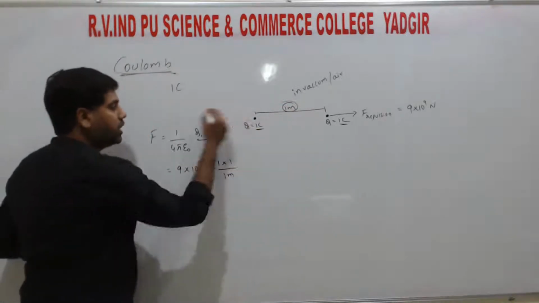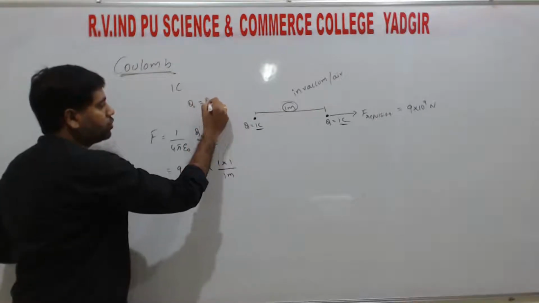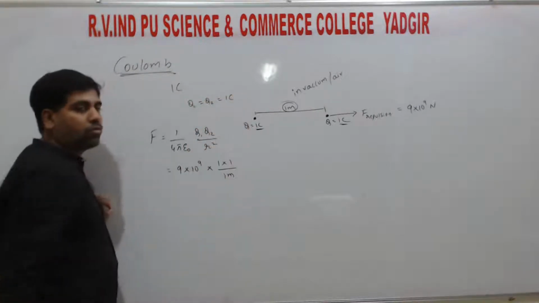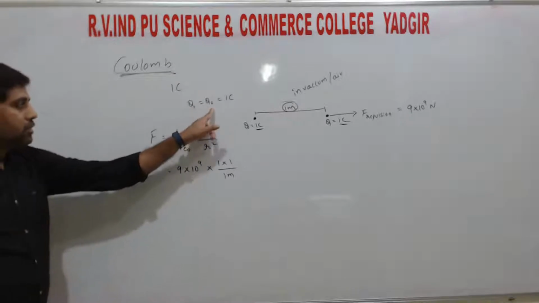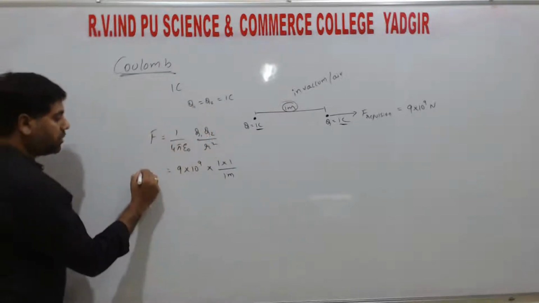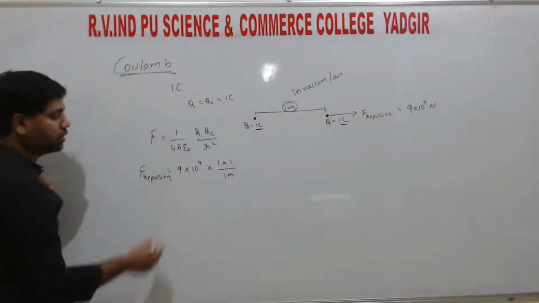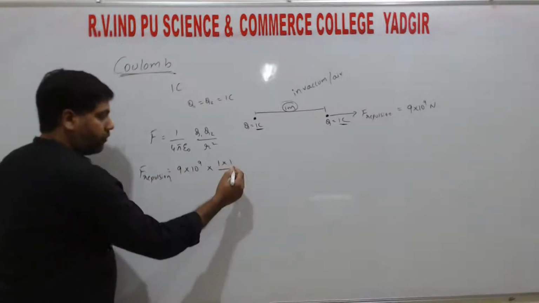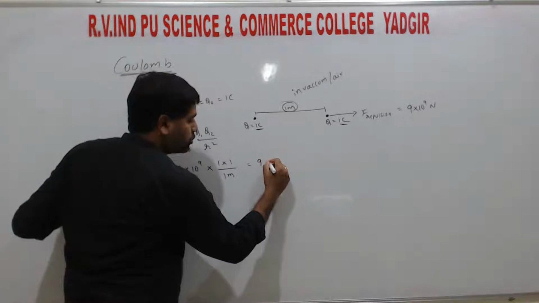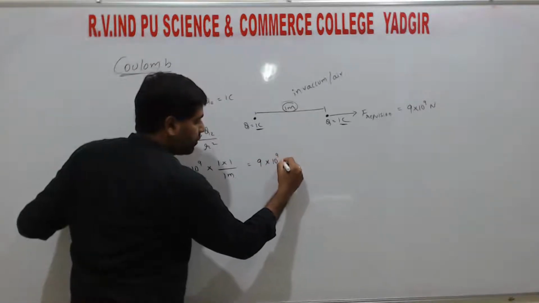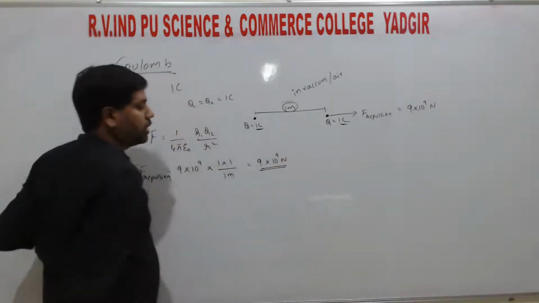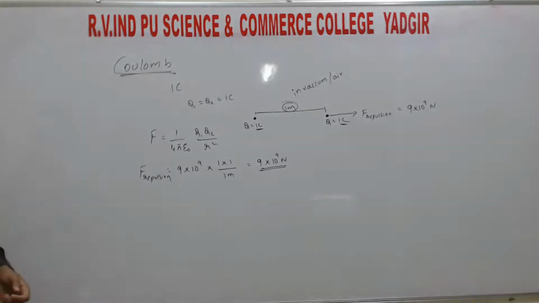As these two are similar charges, Q1 equals Q2 equals 1 Coulomb, and the charges are the same, there is a force of repulsion. If you multiply all these values, we get a force of repulsion of 9 into 10 to the power of 9 Newton. This gives the definition of the Coulomb.